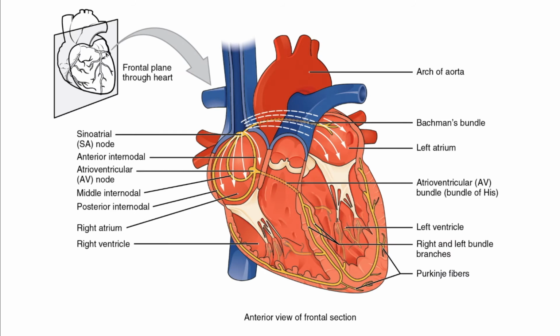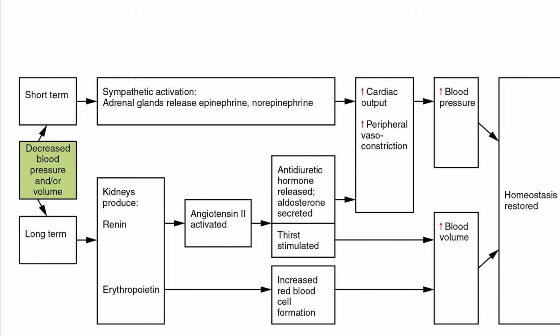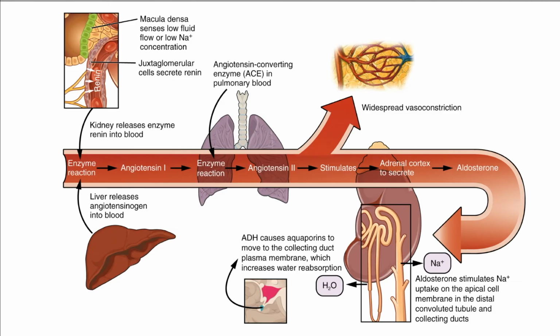Any sympathetic stimulation to the venous system will also increase venous return to the heart, which contributes to ventricular filling and preload. Medications such as diuretics decrease preload by causing the kidneys to excrete more water, thus decreasing blood volume.